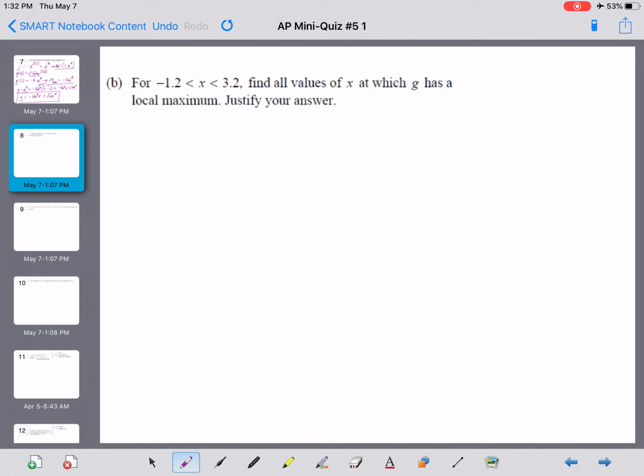Okay, in between the x values of negative 1.2 and 3.2, we need to find all values of x at which g has a local maximum, and we need to justify that answer. So again, I like to start off with the explanation right there. g has a local maximum where, and this is universally true for all functions, its derivative changes from positive to negative.